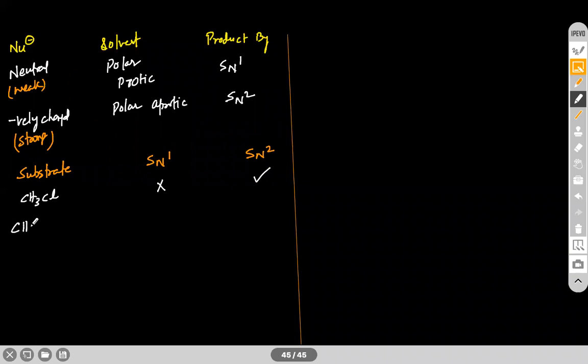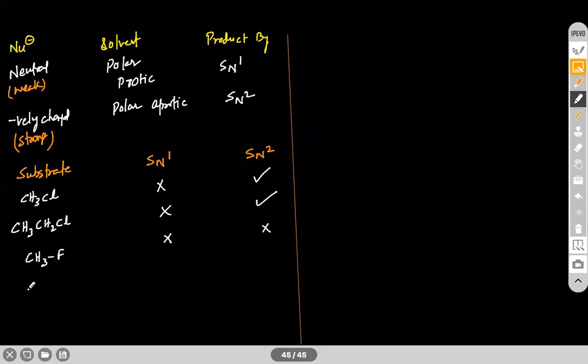Similarly, if you write CH3CH2Cl, SN1 is not possible, SN2 is possible here. If you have CH3F, SN1 is obviously not possible, 1 degree. SN2 is also not possible because of the strong carbon-fluorine bond.